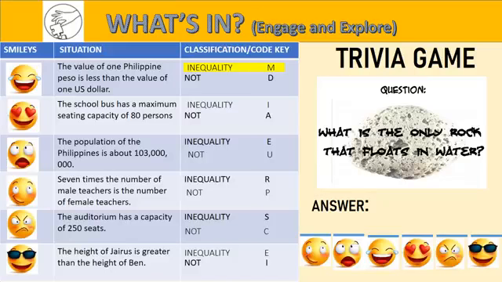So we have now a code, letter M. For situation number 2, the school bus has a maximum seating capacity of 80 persons. Is it an inequality or not? Yes, you are correct. It is again an inequality. So you have now another code, letter I.